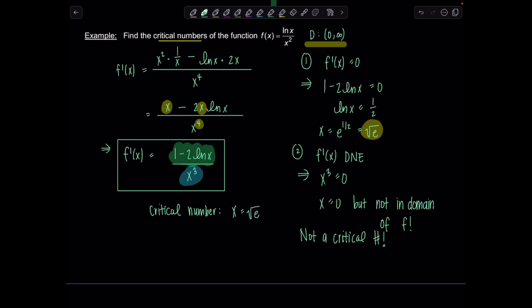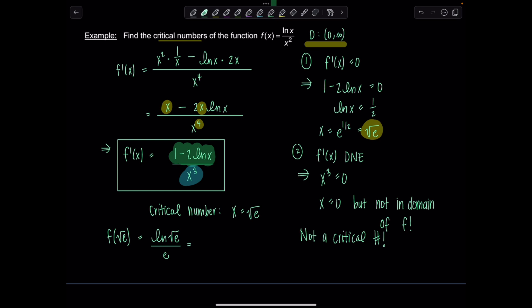What if your instructor asks for the critical point? Then you need to take the critical number and plug it into the original, always into the OG, okay? So let's do that. f of the square root of e is ln square root of e over square root of e squared, which is just going to be e.